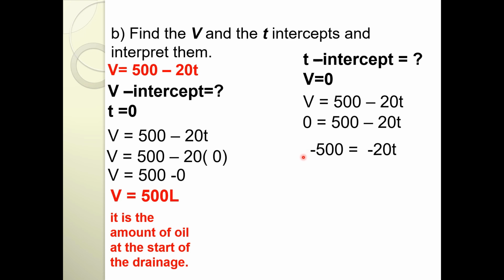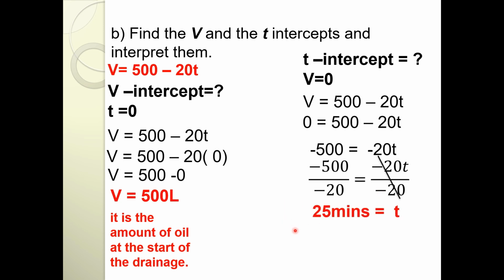Since we are just asked to solve for t, i-divide natin bawat side sa negative 20. So we have negative 500 divided by negative 20 is equal to negative 20t all over negative 20. Ika-cancel si negative 20. Therefore, ang value ng ating t ay 25 minutes.